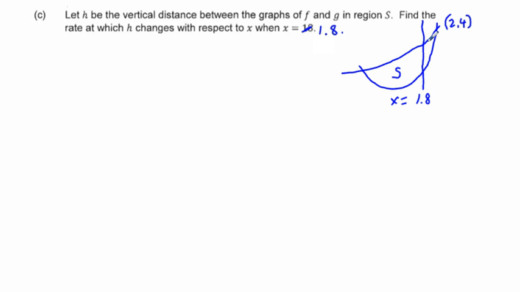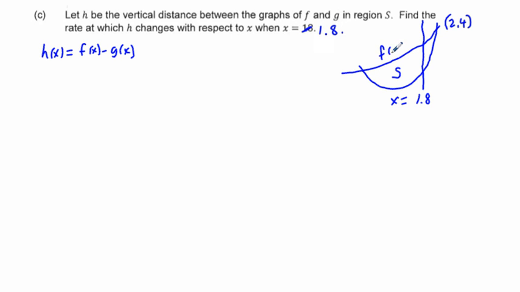Anyway, h is going to be the difference between those two. So let's write that out. We have h of x equals f of x minus g of x, because this top curve here is f of x, this bottom one here is g of x.